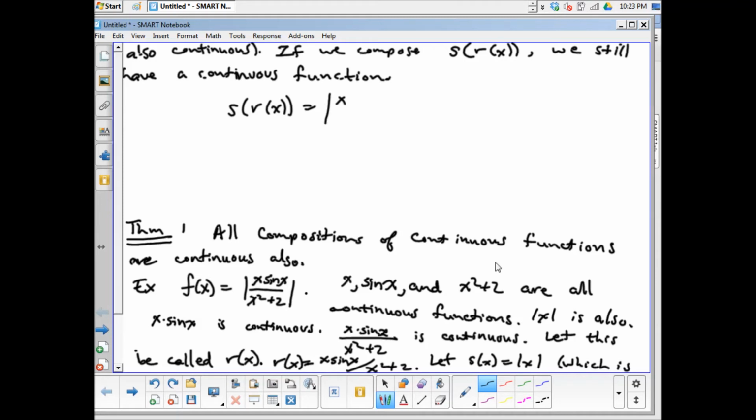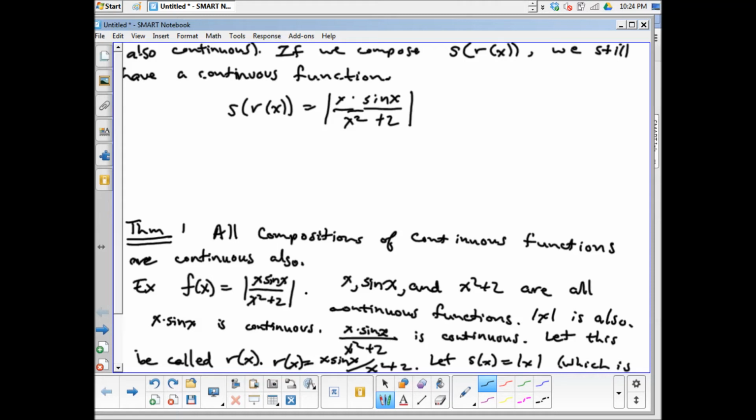So here's your r of x stuck inside s of x. That's kind of hard to write.